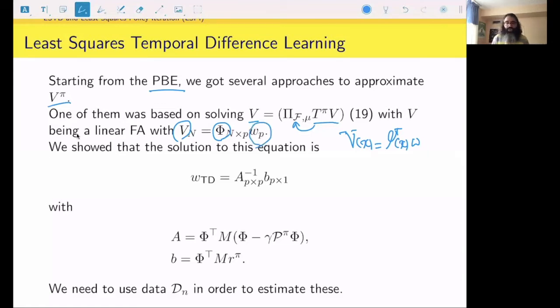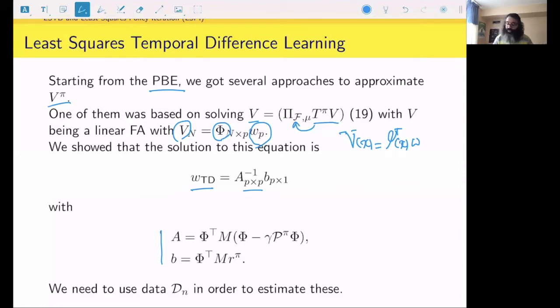Then I showed how we can solve it. We could get W of this method, the solution, which we sometimes call the TD solution, as A inverse times B. A is a p times p matrix, and B is a p-dimensional vector. A and B have this form: A is phi transpose times M times (phi minus gamma P pi phi).